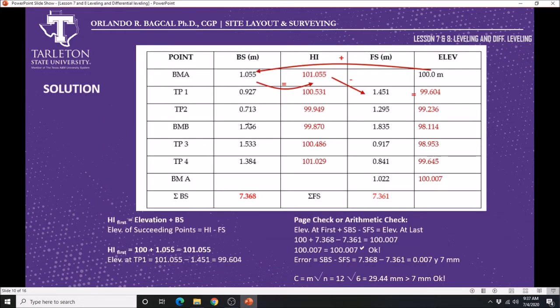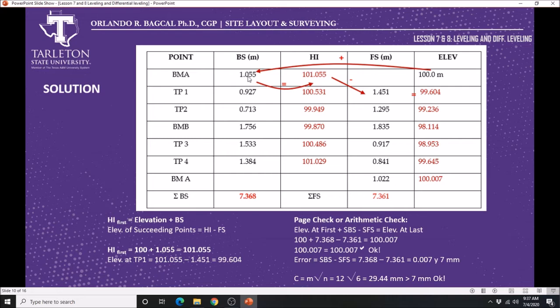All right, so this is how it looks once you transfer them into your field book or workbook. So they are being arranged. This is your benchmark A, TP1, TP2, benchmark at point B, TP3, TP4, and the benchmark at A. So you went back to your same reference point.